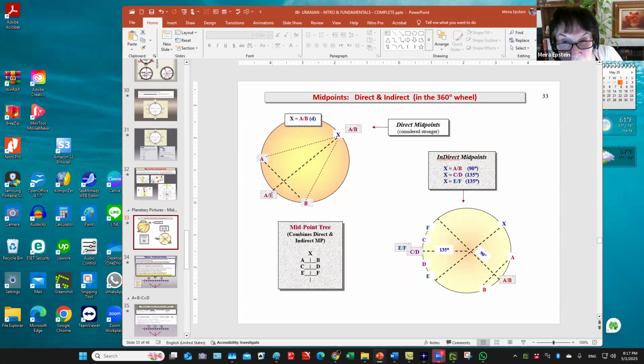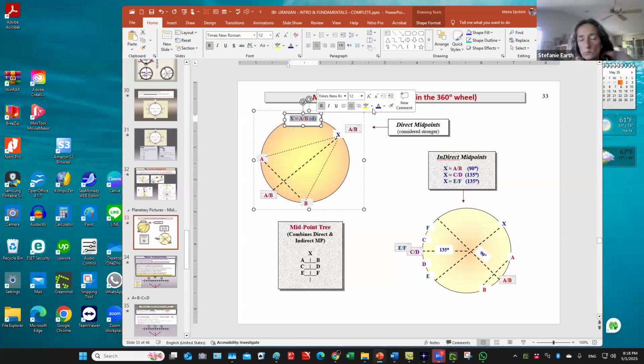This midpoint here, the A/B, is what we call the near one, closer to A and B. On the other side, you also see A/B because it's also a midpoint, but it's the long way all the way around, but it's still a midpoint. So a midpoint on one side and on the other side is the same midpoint, conceptually. What happens here is the midpoint on the far side falls on another planet, planet X. So now we say the midpoint of A and B equals X, falls on X, and here it is.